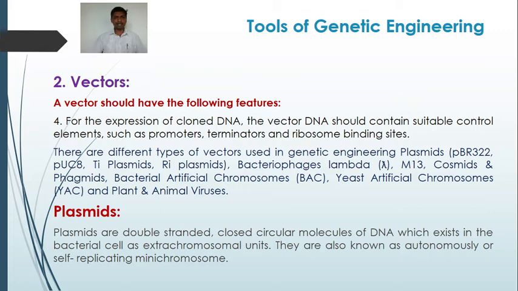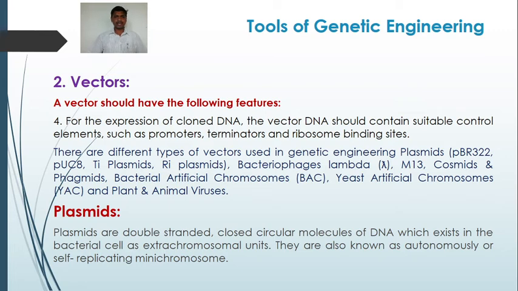Which are these elements? These are promoters, terminators, and ribosome binding sites. Such elements are required for the expression of the cloned DNA. So the vector DNA should contain such control elements.